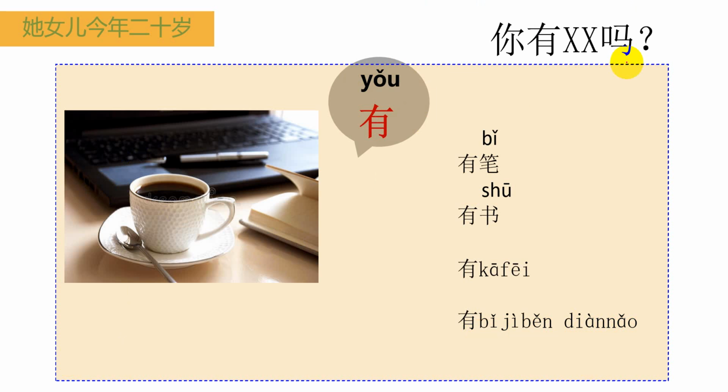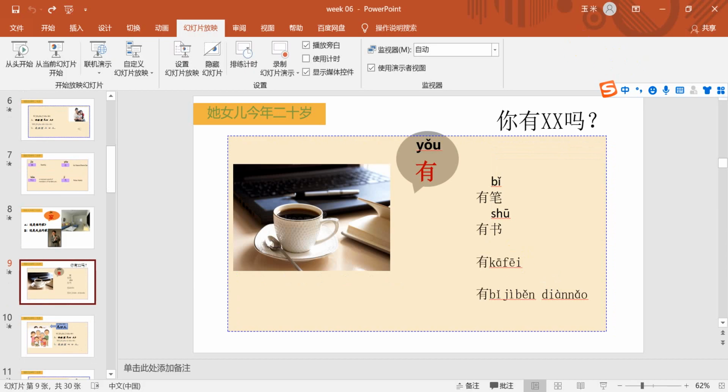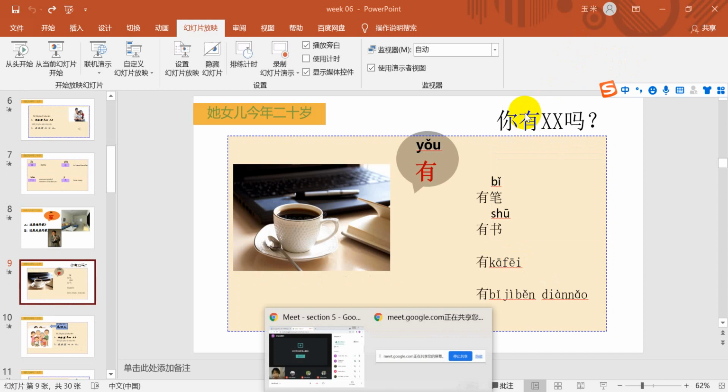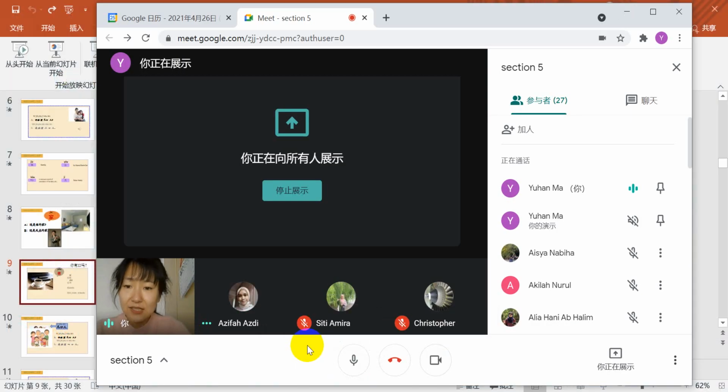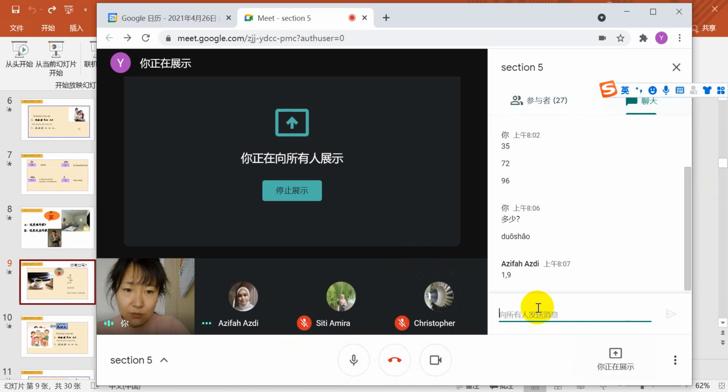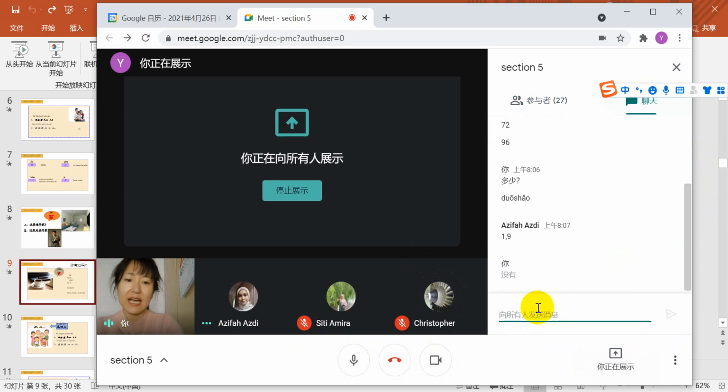Okay, now this word 有 means have or there be. Such as if I ask you, do you have this one, 你有吗? Do you have a pencil? 你有笔吗? 我有笔. Yes, 我有笔. Okay, 那你有杯子吗? 我没有杯子. If not 有, we will say 没有. This one, 没有, doesn't have. 没有.